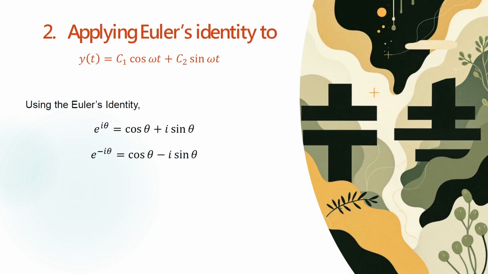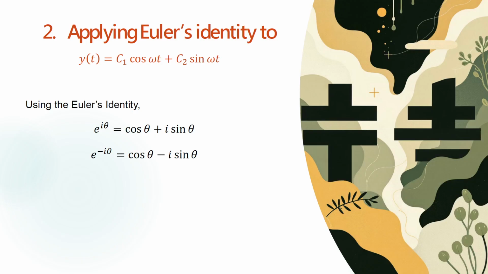That is given by these two equations: e to the i theta equals cosine of theta plus i sine of theta, and e to the negative i theta equals cosine of theta minus i sine of theta.